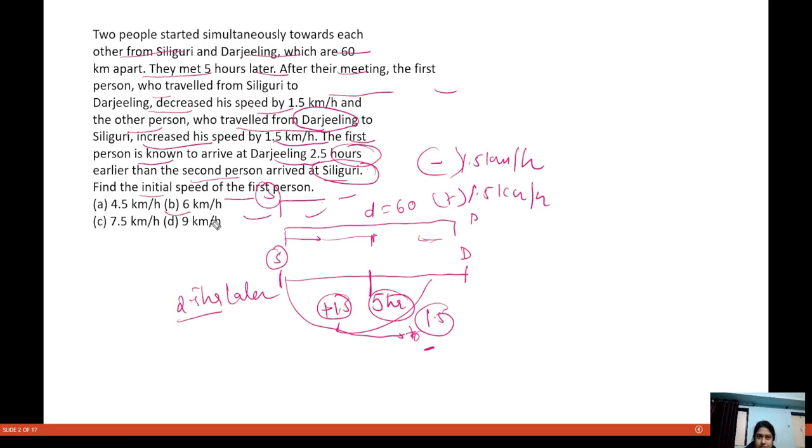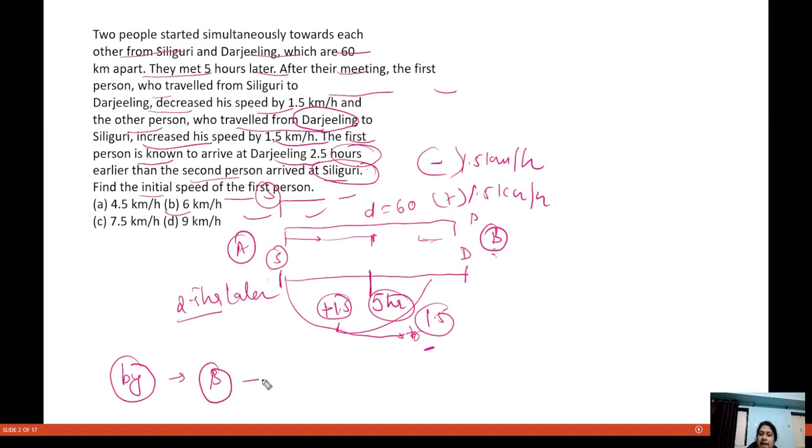Now see, let us take the time taken by the person who traveled for more time. For example, let's say the person traveling from Siliguri was the A person and the person traveling from Darjeeling was the B person. So the B person is taking more time.